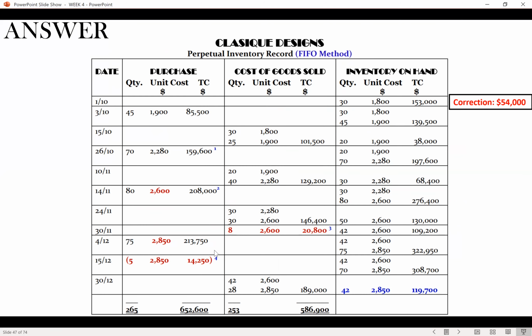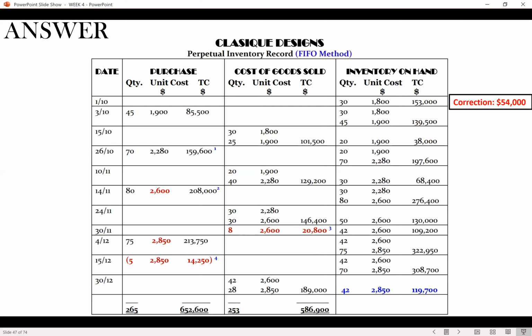We do the same for total cost, noting this 14,250 should be subtracted. We go over to our cost of goods sold and we add our quantity, adding this 8 as well. We do the same thing for total cost, adding this 8. As per usual, our inventory on hand, this would have been already updated.